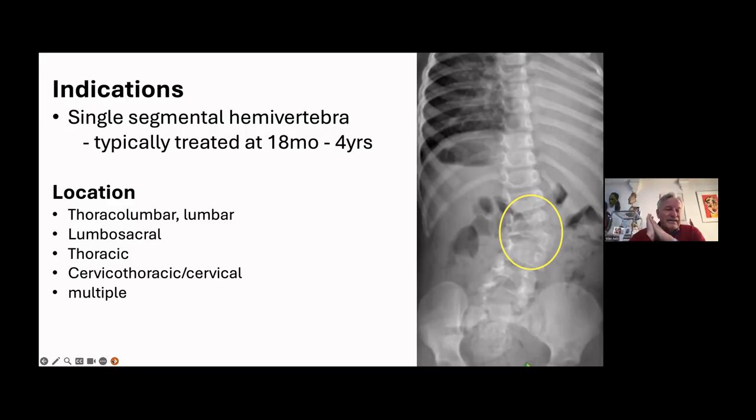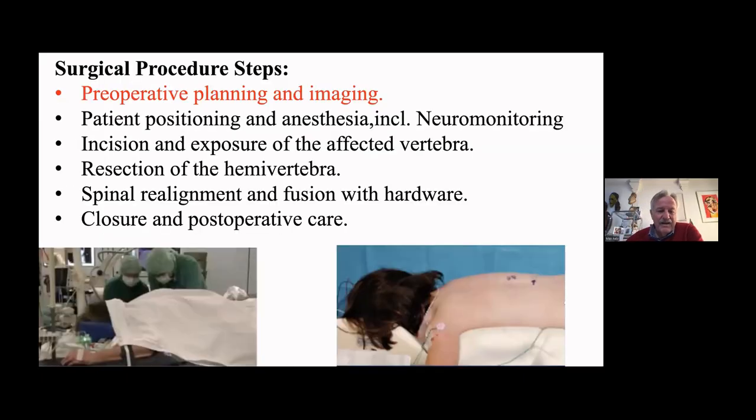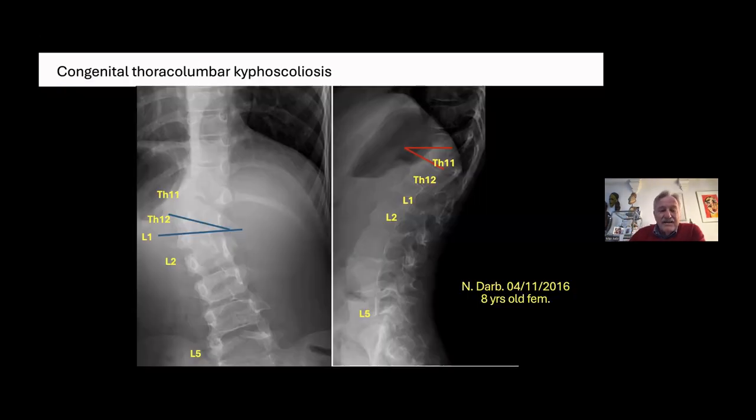And we have to be aware that this can be anywhere in the spine. It can be at several places at the same time, multiple, it can be combined. So, of course, the most simple one is one in the lumbar or in the thoracolumbar spine, as an example here. And you see that the preoperative planning and imaging is very important.